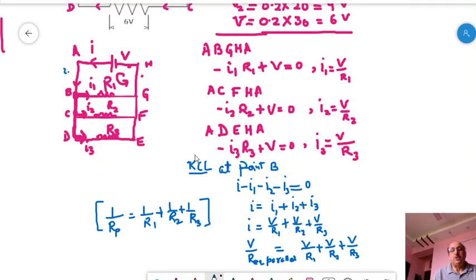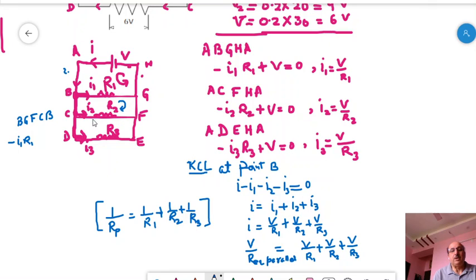In this way, we may use the Kirchhoff's law in various circuits. You may take other loops also, like B, G, F, C, B. What we will get on B, G, F, C, B? If you move like this one, starting from B, higher to lower potential and the current is going, so it is minus I1 R1.